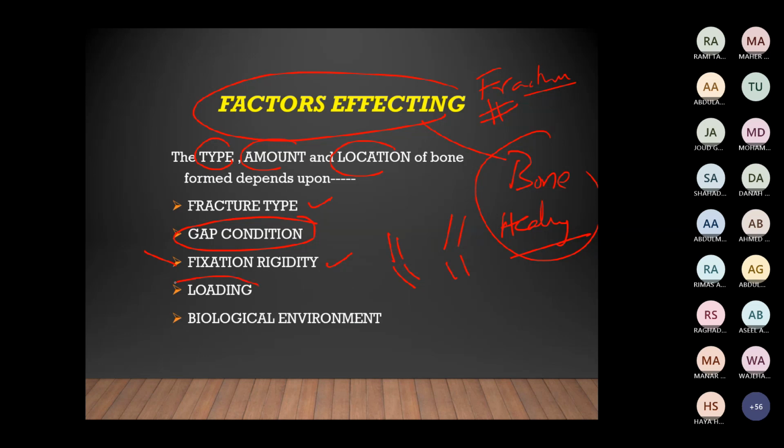And the loading. Suppose you have a loading area, for example, a tibia and a femur where your body is always loaded on it. So healing will be a little slower. That's why the doctor says stay at home and lift your leg like that for 7 days, such that loading decreases. And the biological environment in which you are living. All these are factors which help or affect bone fracture healing.